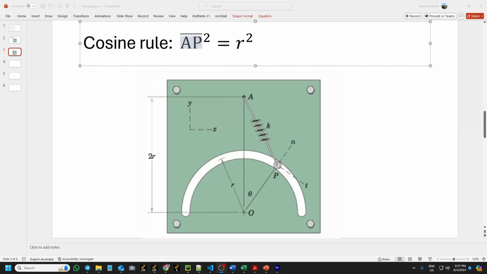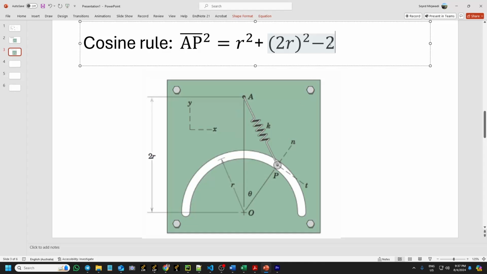So AP squared is equal to OP squared, which is r squared, plus 2r squared, minus 2 times this side and this side, r and 2r, times cosine of theta.